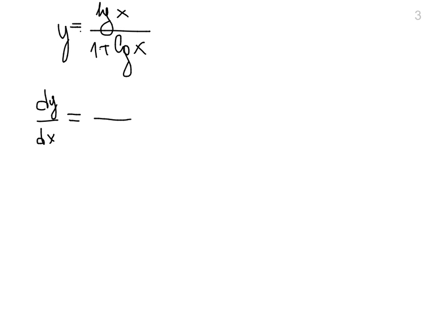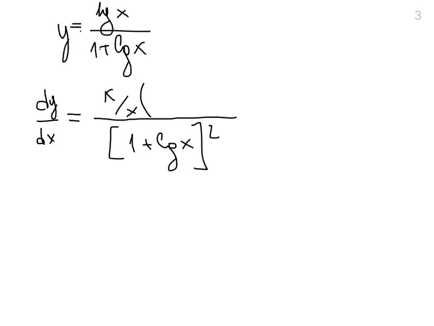Well, this is the usual quotient rule. In the denominator we have (1 plus log x) squared, and in the numerator we have the derivative of the first term, which we know is k over x, times the denominator, 1 plus log x, minus the derivative of the denominator, and what's that?